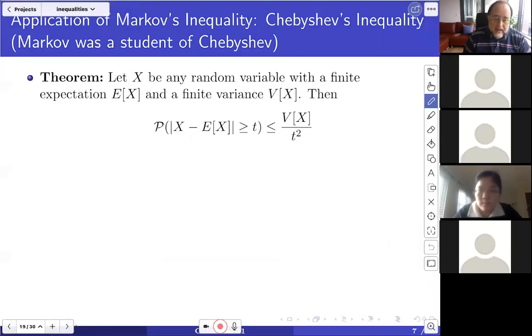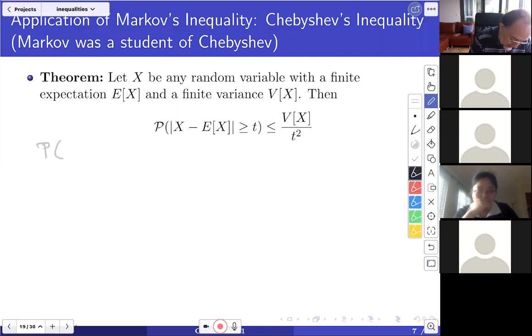Okay. So you remember the Markov inequality that is remarkably useful given how sloppy it is. Remember, this is just the inequality that says that the probability that a non-negative random variable will be bigger or equal than some number t is smaller or equal than the expected value of x divided by t.